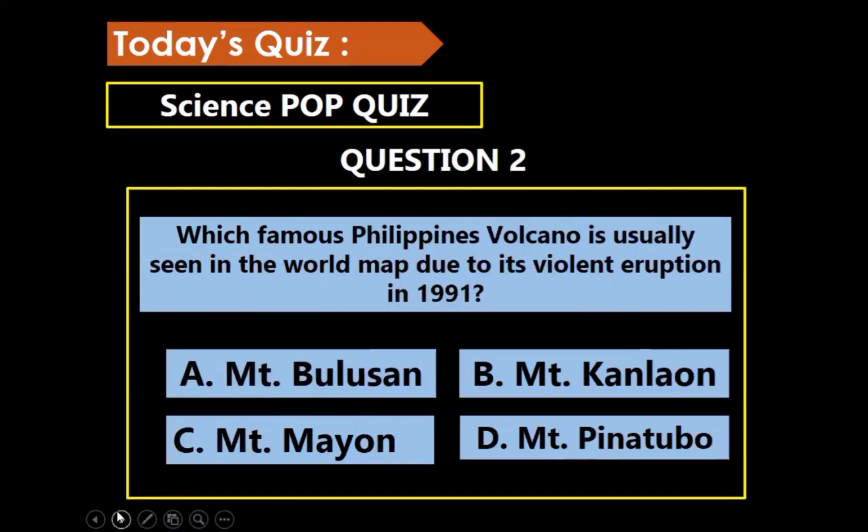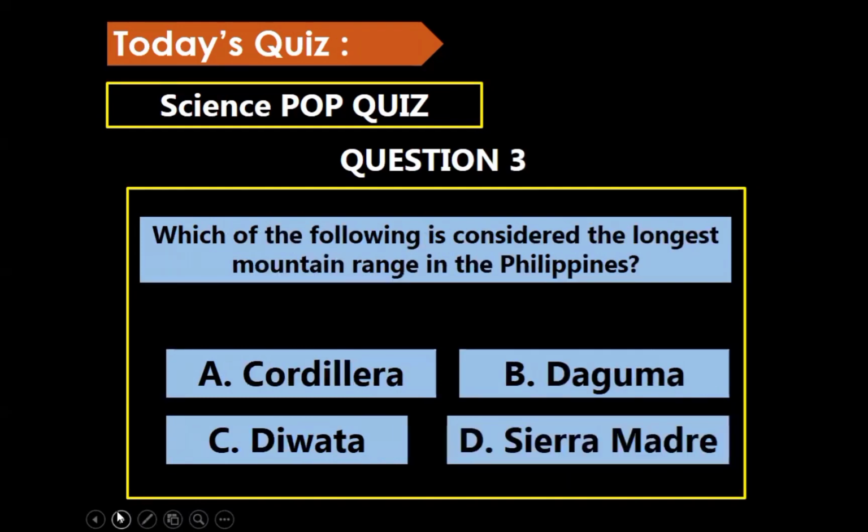Which famous Philippine volcano is usually seen in the world map due to its violent eruption in 1991? A. Mount Bulusan, B. Mount Canlaon, C. Mount Mayon, D. Mount Pinatubo. The correct answer is letter D, Mount Pinatubo.